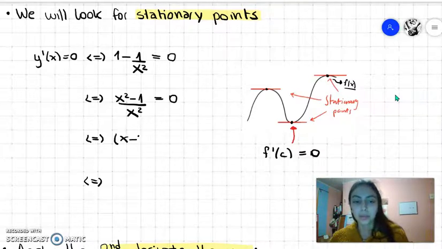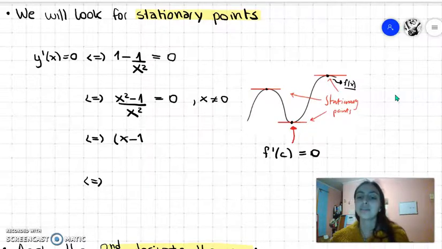Then, for this to exist, notice that x is different from 0. That's an important point, because any number divided by 0 cannot be defined mathematically.